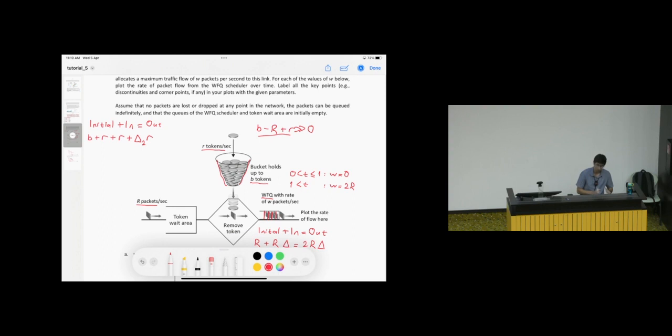So B was my initial. I added r tokens in the first second. I added another r tokens in the second. And then I added r tokens per second for delta 2 time. Yes?